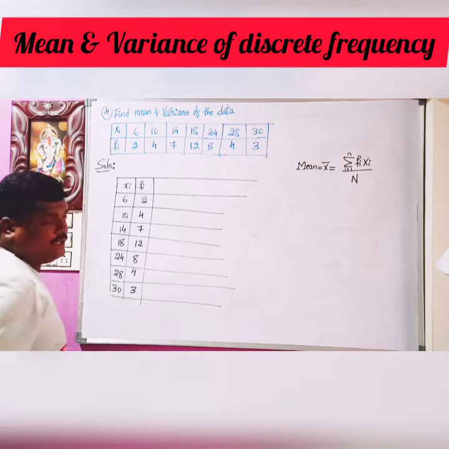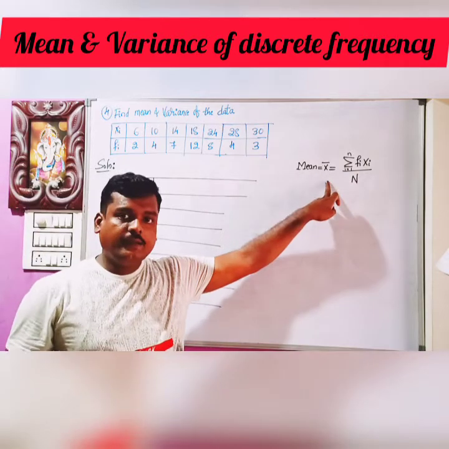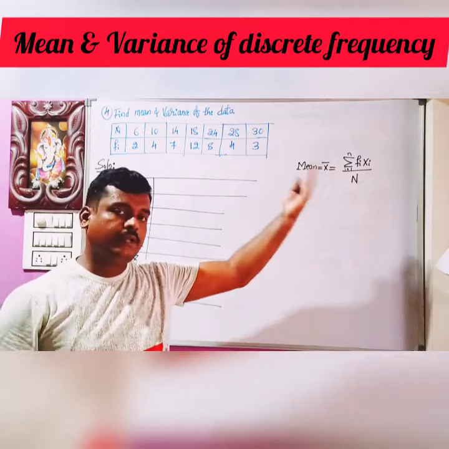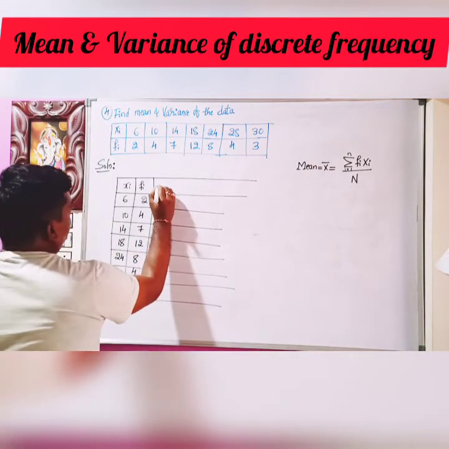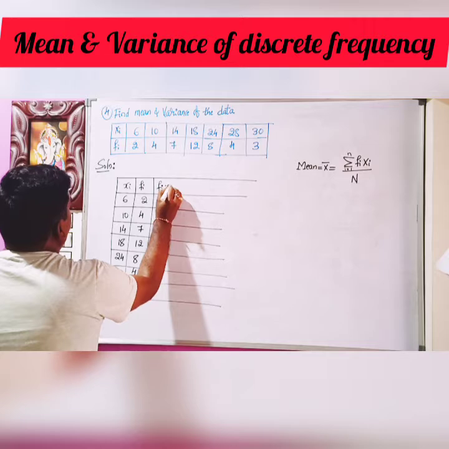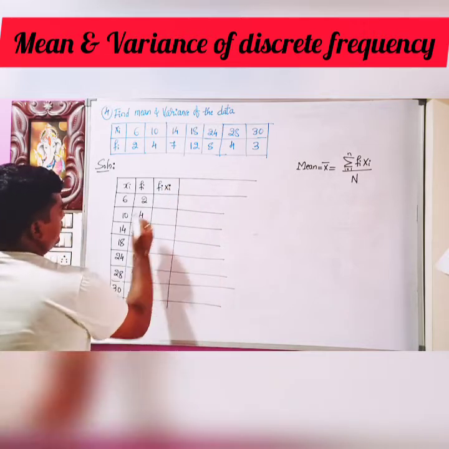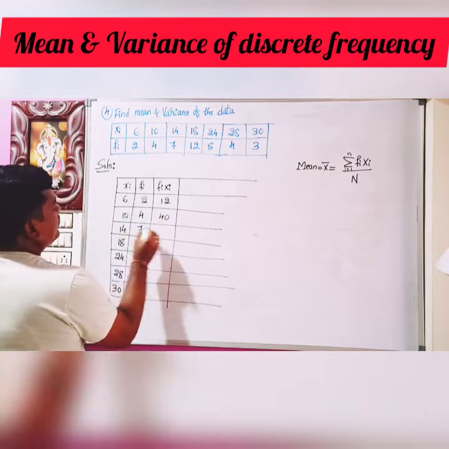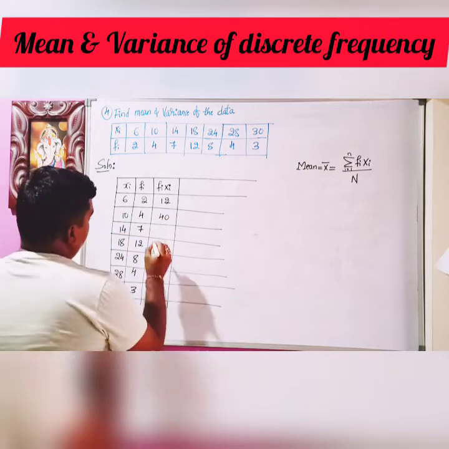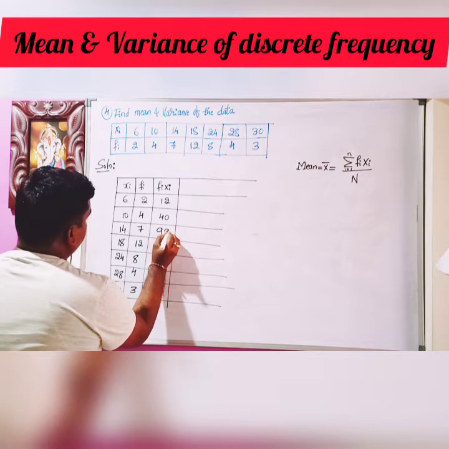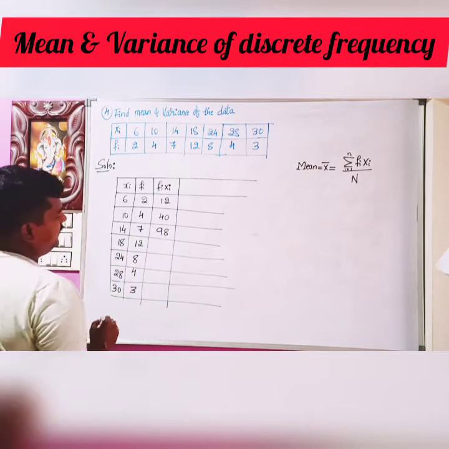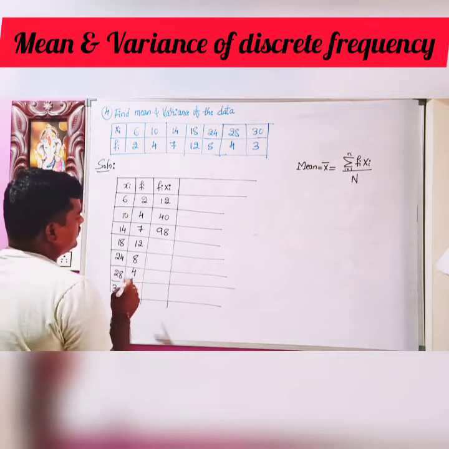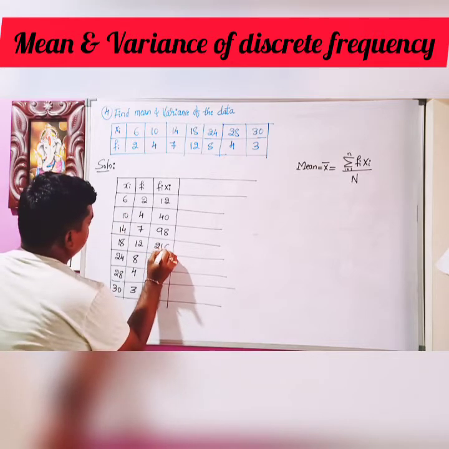Next, to find x bar, the mean, we need fi into xi, or we can also call it xi into fi, the product of fi and xi. 6 2s are 12, this is 40, 14 7s are 98, 18 into 12 is 216.